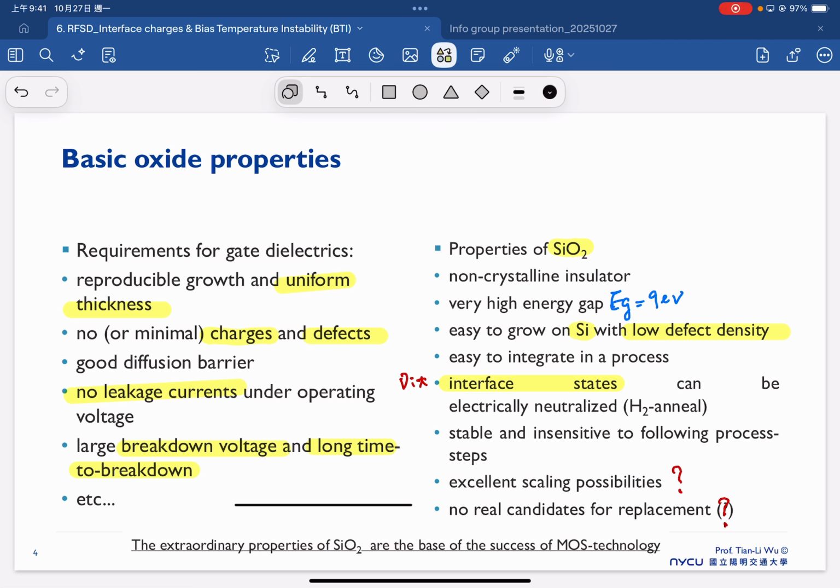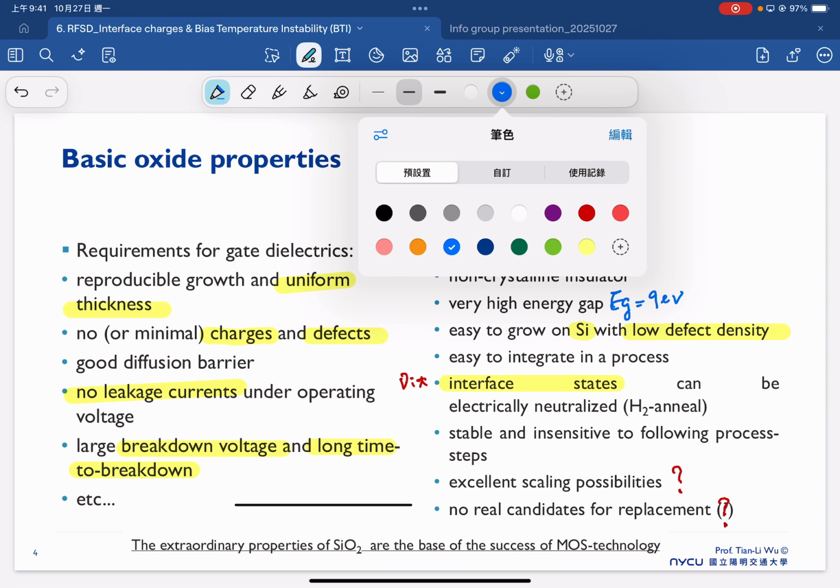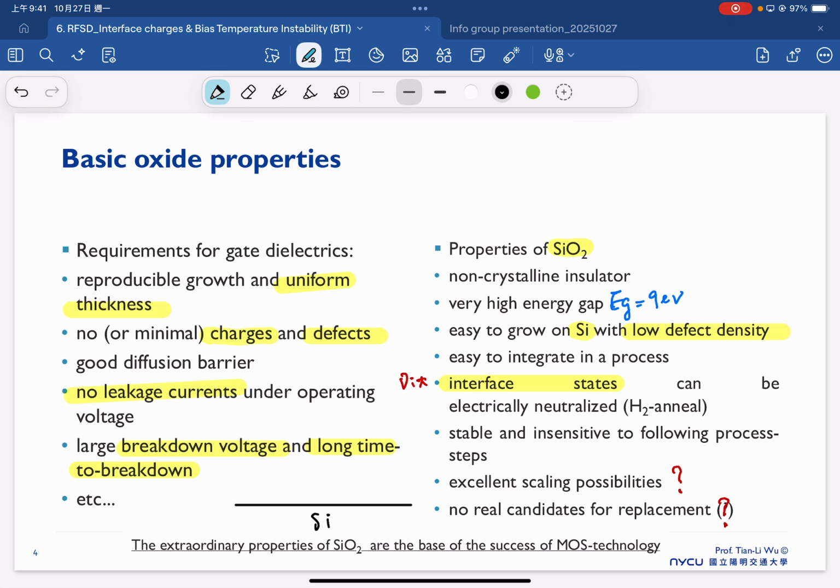So if you look at most of the semiconductor technology right now, for sure we still hope to have the silicon dioxide, but silicon dioxide is not perfect.